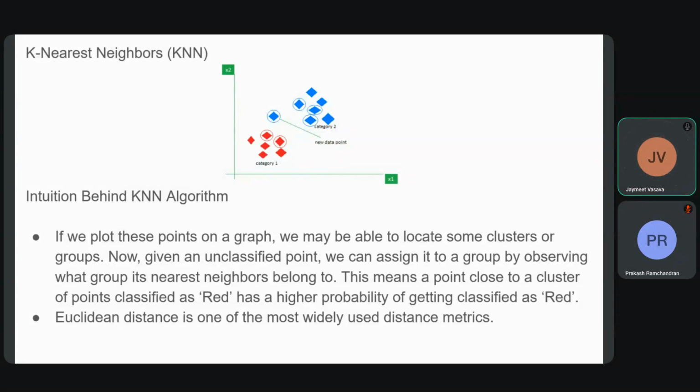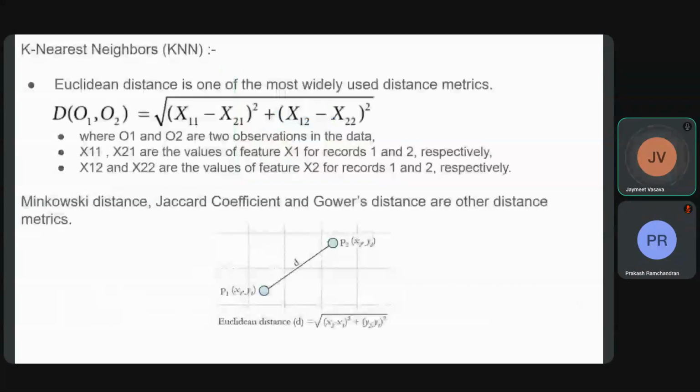For measuring this distance, Euclidean distance is one of the most commonly used distance metrics, though there are certain other ones that we'll be discussing further.